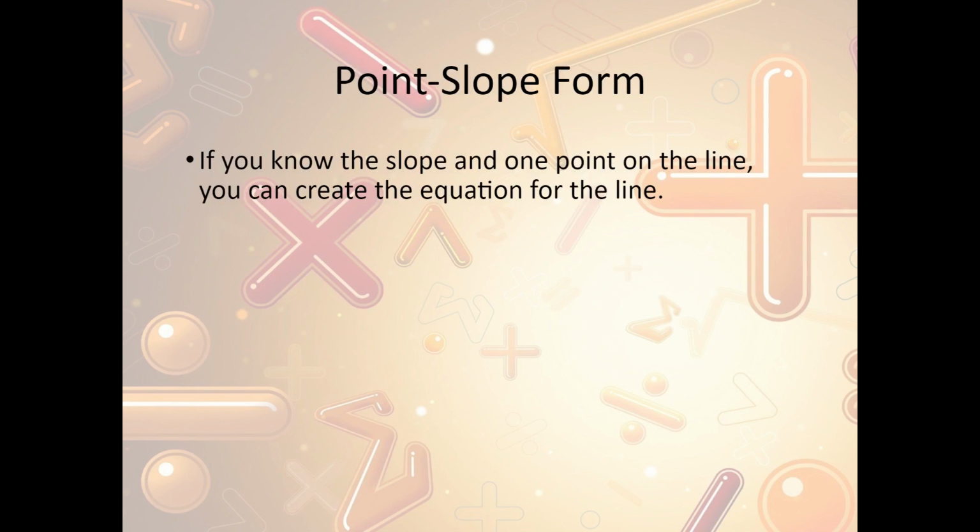Now, what is point slope form? We use point slope form if we know the slope and one point on the line. We can still create the equation for the line even though we don't have the y-intercept. And here's how we do it. We know that the equation is y equals mx plus b, and we plug in the slope for m.